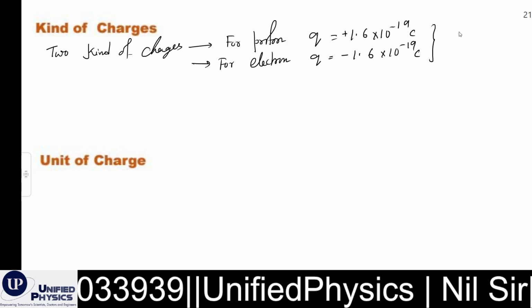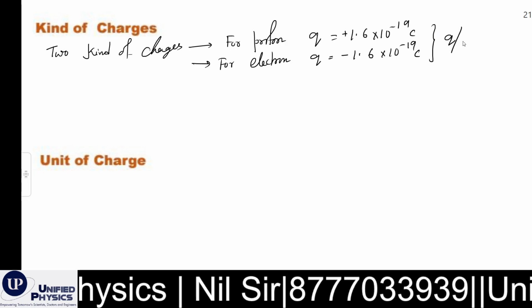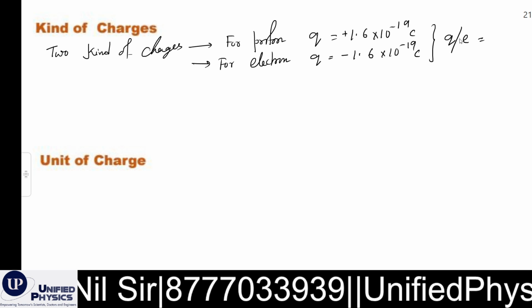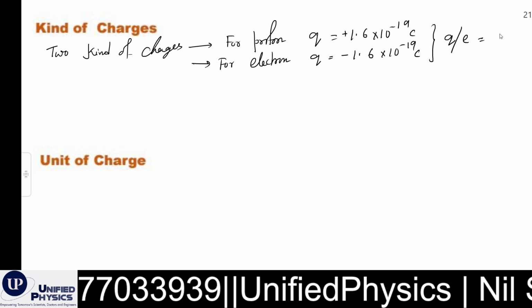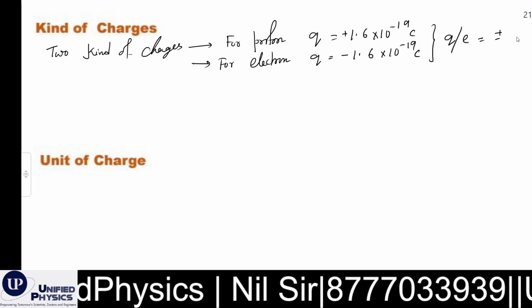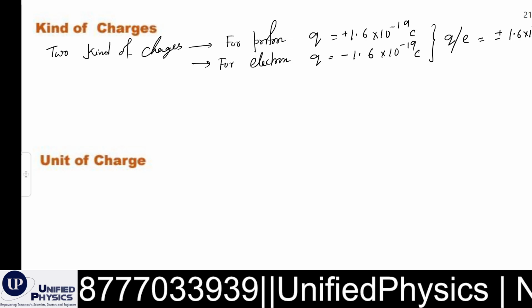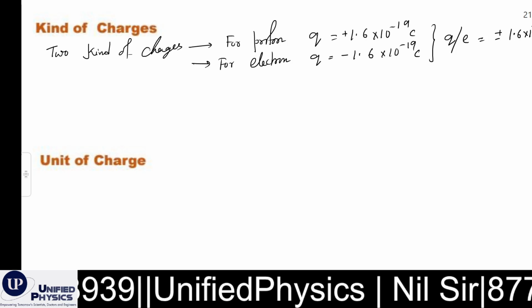So altogether they are defined by either charge Q, or sometimes it is written as E. Sometimes it is written by Q or by E, that is equal to plus or minus, plus for positive charge, minus for negative charge, 1.6 into 10 to the power minus 19 coulomb. So this way you can define charge.